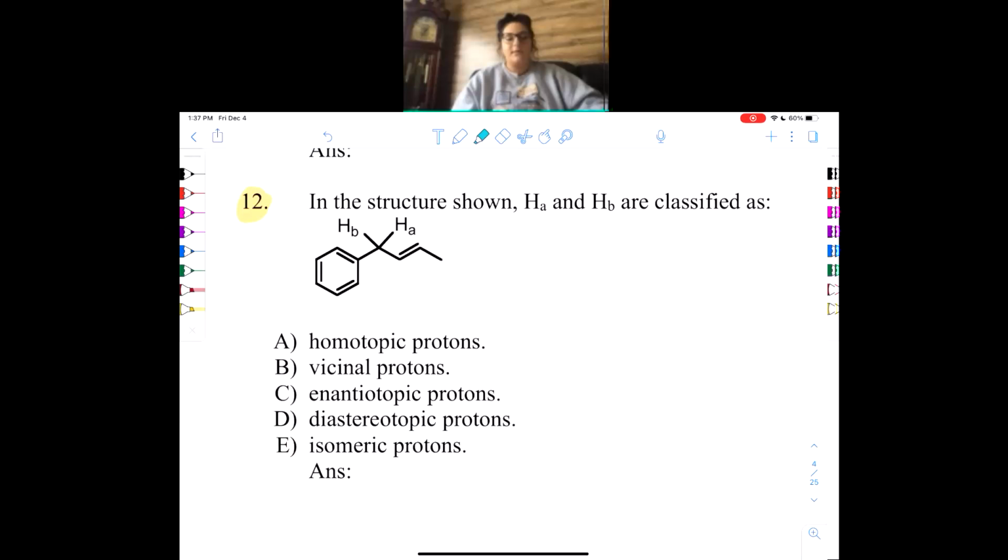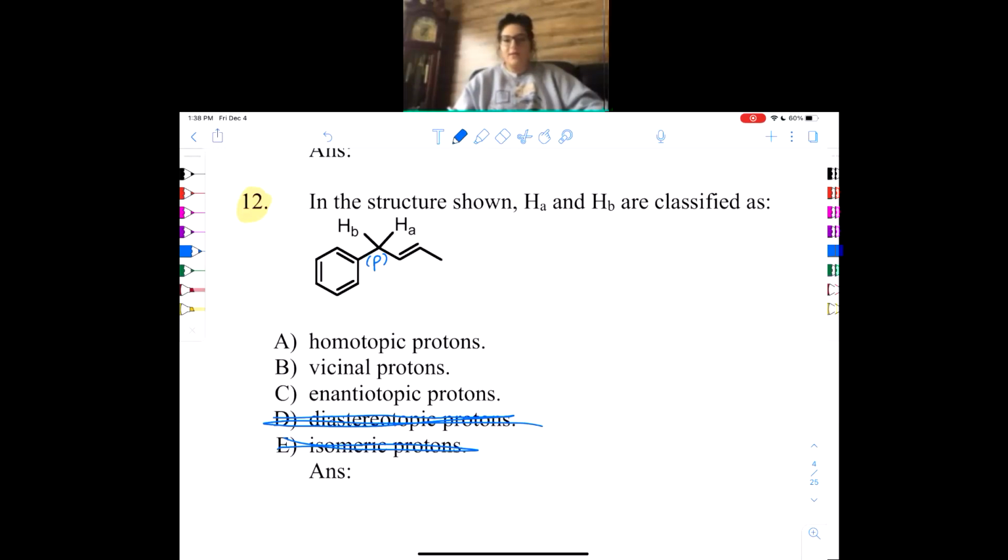No, there's a potential chiral center, which is right here. So the other option, are these 2 on the same carbon of a double bond? No, so we can automatically rule out diastereotopic. Have we ever learned about isomeric protons? Like, what even is that? It will go away.